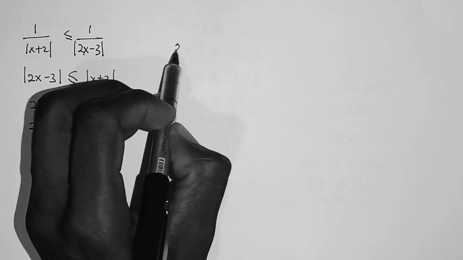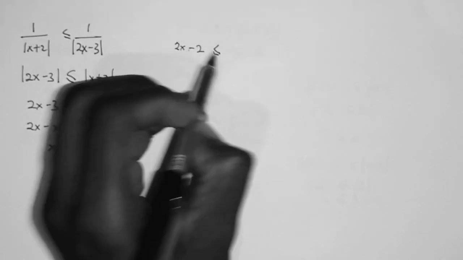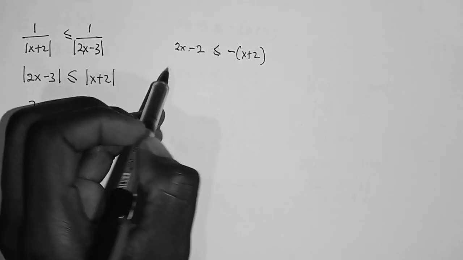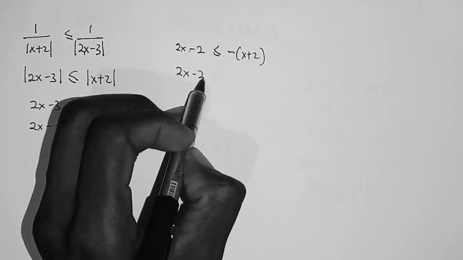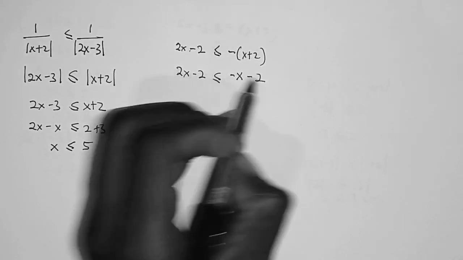This becomes 2x minus 3 less than or equal to minus into bracket x plus 2. So 2x minus 3 is less than or equal to minus x minus 2.